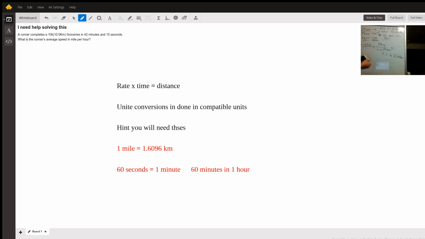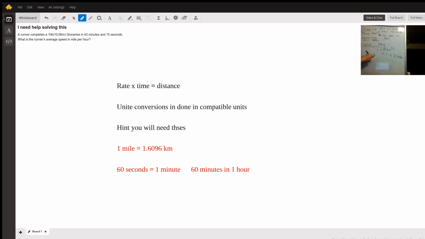Once we convert things into minutes, what is our next step? We need to convert those minutes into hours. I wrote down the conversions there. The simplest way to do that is to write down what we have here. So we have 42 minutes and 15 seconds.